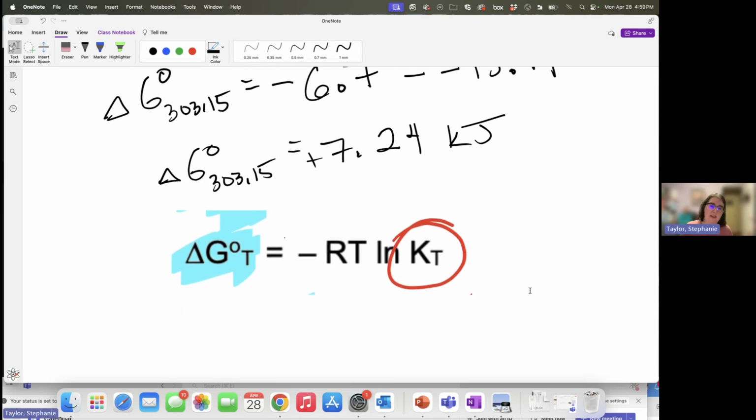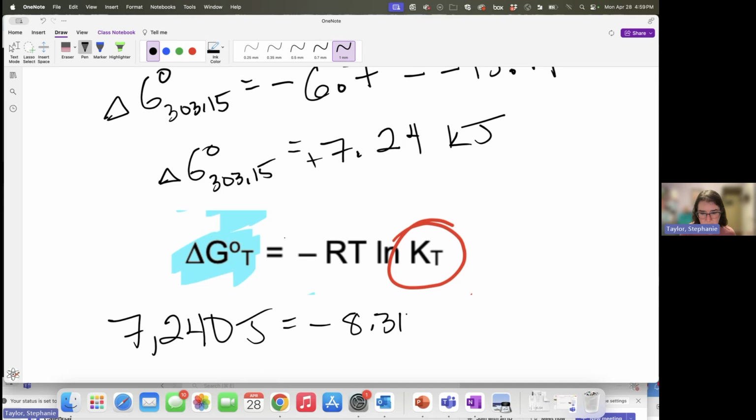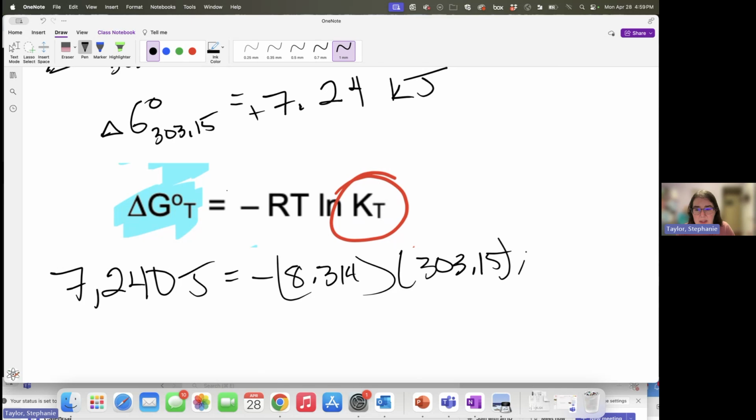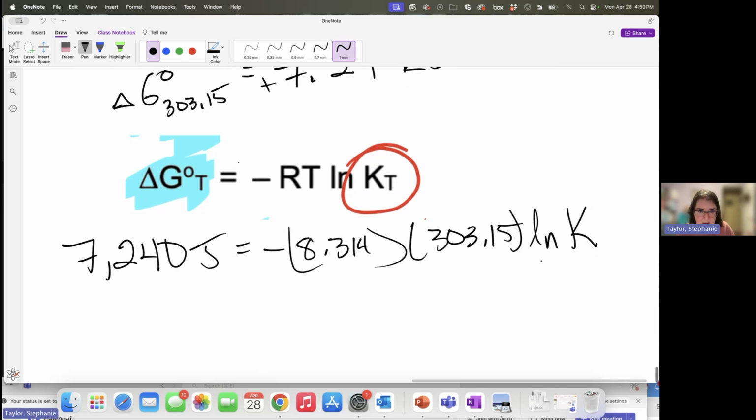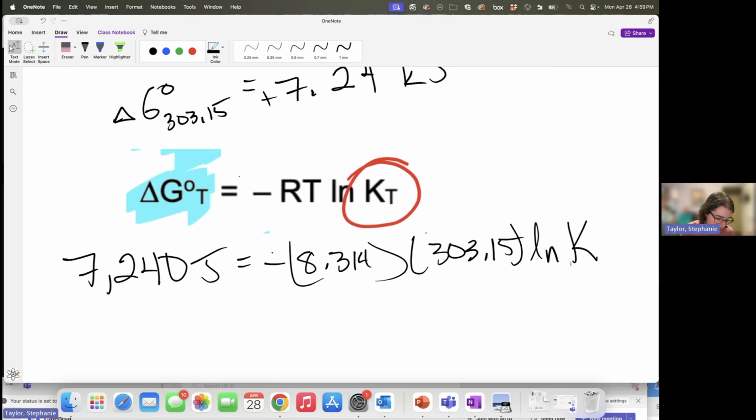So I have a value of delta G. This is in kilojoules. Now I am going to move this to joules, because my 8.314 is in joules. My temperature is still 303.15, and I've got the natural log of K. I have a negative sign in there that I am not going to lose.